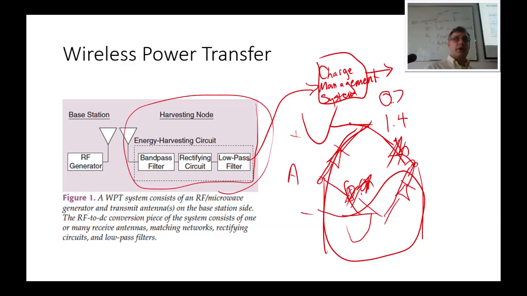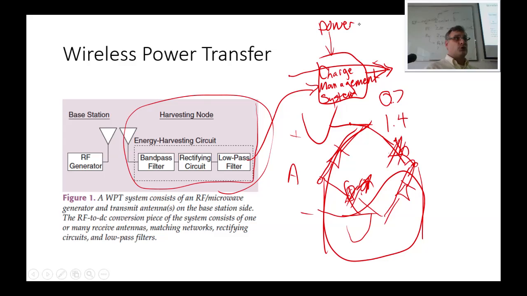Maybe you're just driving a low-powered microcontroller or some other integrated circuit to do sensing, communications, computation. And the charge management system is basically a way to optimize the power flow through here and possibly merge it with other forms of power.